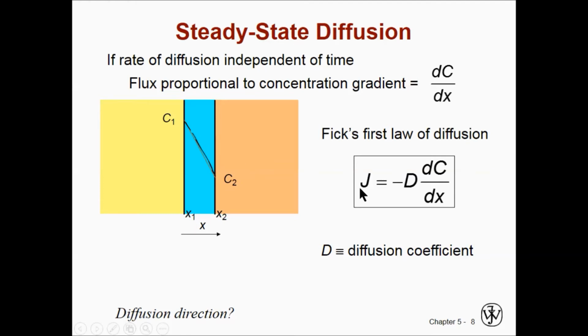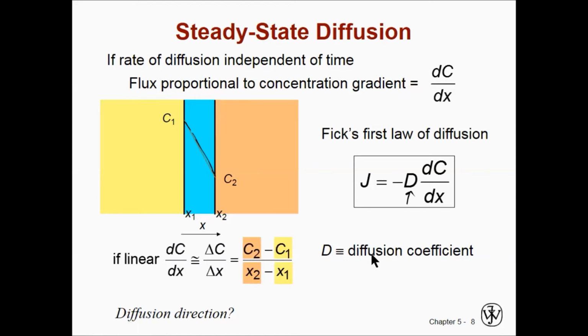In steady state diffusion, that is our equation over here. It's called Fick's first law of diffusion. This one is diffusion flux. This is a diffusion coefficient, as it's written over here.